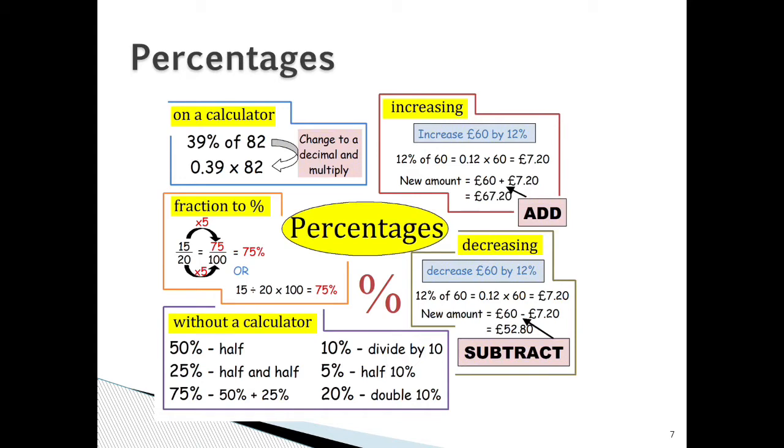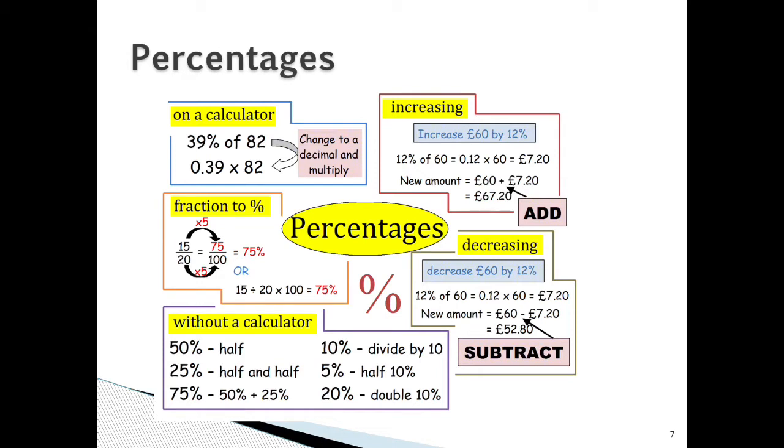If you are increasing by a percentage, for example if you increase £60 by 12%, you can work out 12% of 60 using the same system, changing to the decimal, 0.12 times 60, which will give you £7.20, and your new amount will be 60 plus the 7.2 that you've added, which is equal to £67.20.